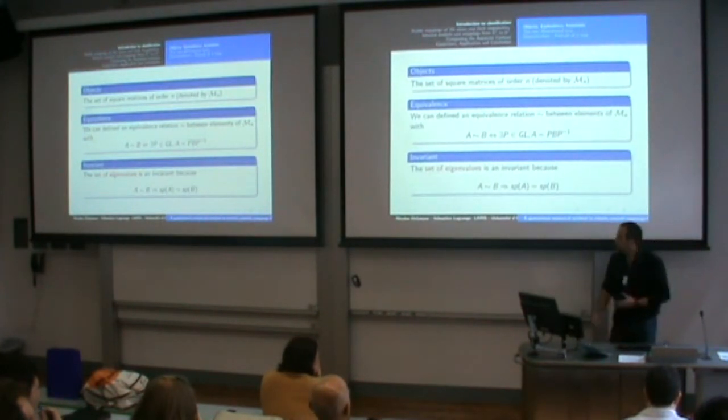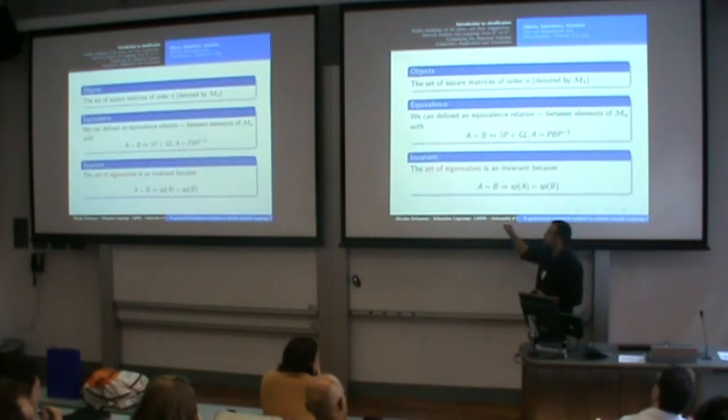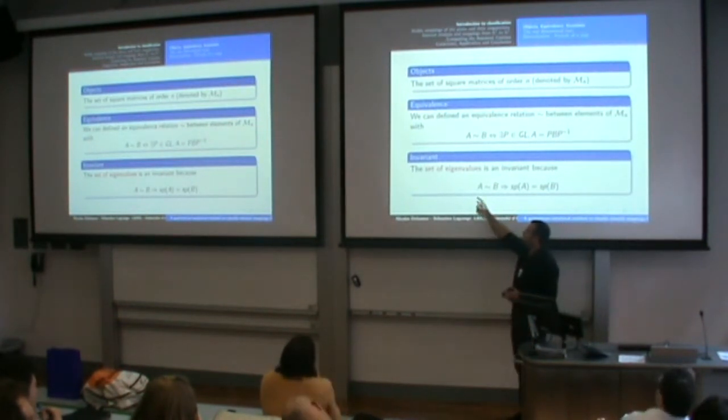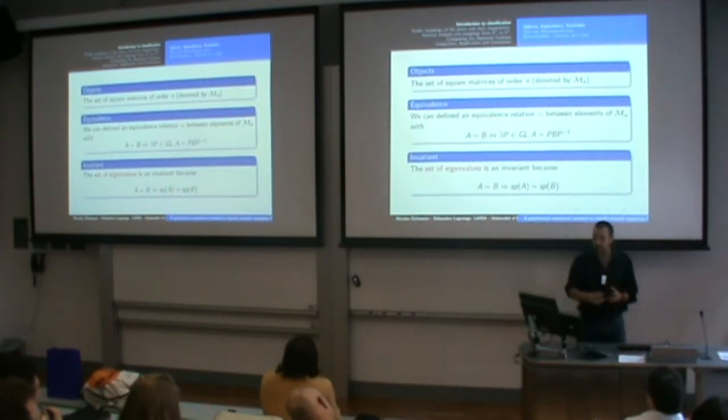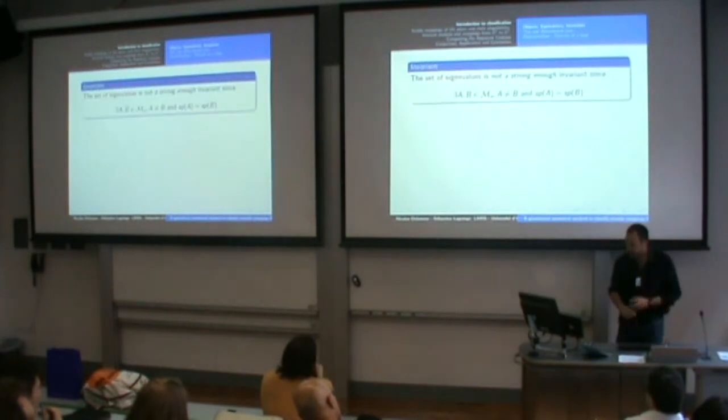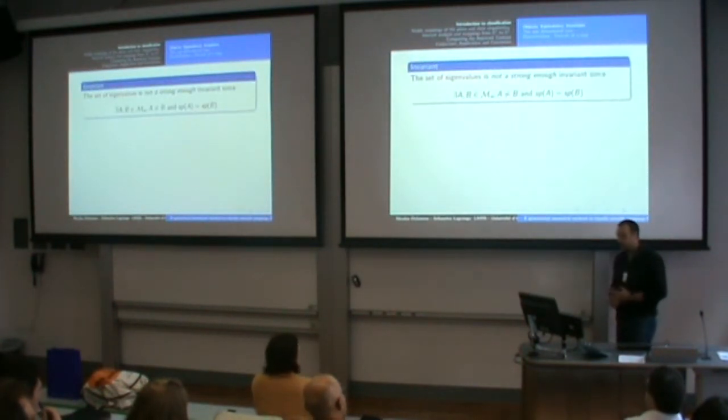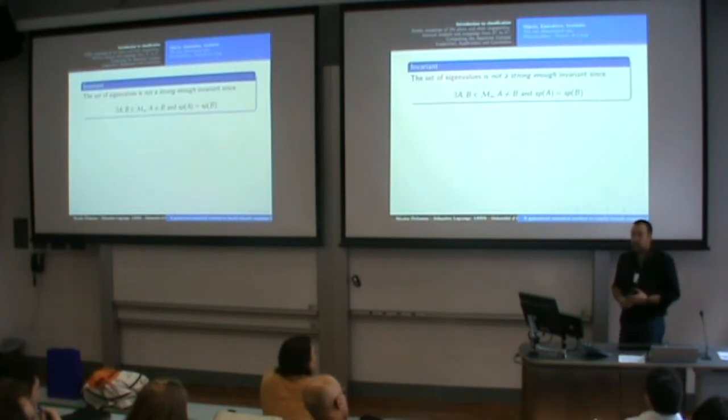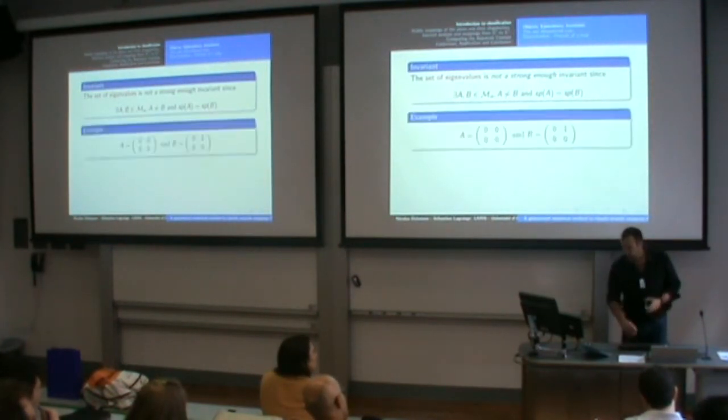During this talk, I'm going to show you invariants of smooth maps, and every time that you see something in red, it's an invariant. The set of eigenvalues is not a strong enough invariant, since there exist matrices that are not equivalent but have the same set of eigenvalues.